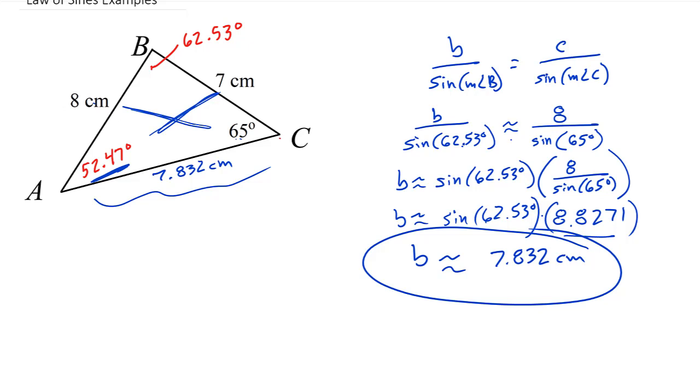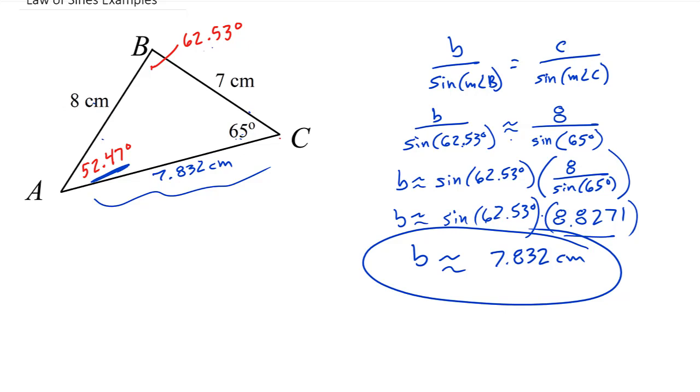Now, just as a check, if you remember from previous geometry classes that you might have had, the longest sides in a triangle are always across from the largest angle measures, and the shortest sides are always across from the smaller angle measures. So if we look here, we've got three angle measures we know, 65 degrees, 62.53 degrees, and 52.47 degrees.